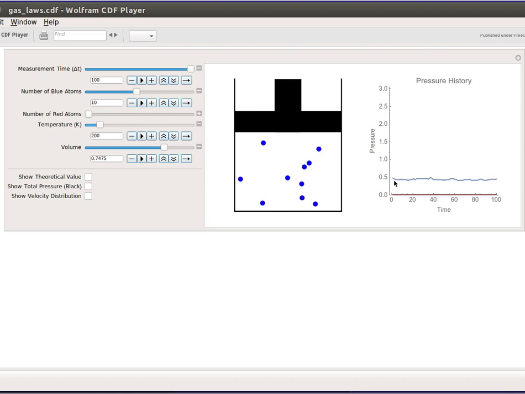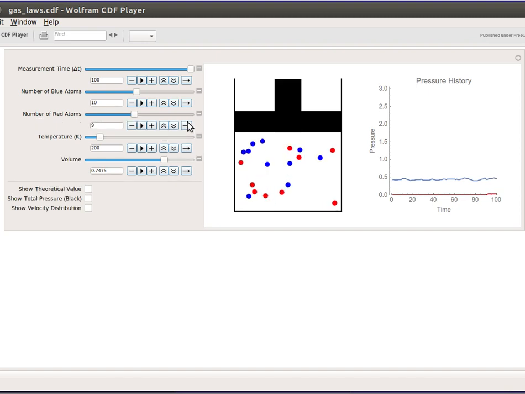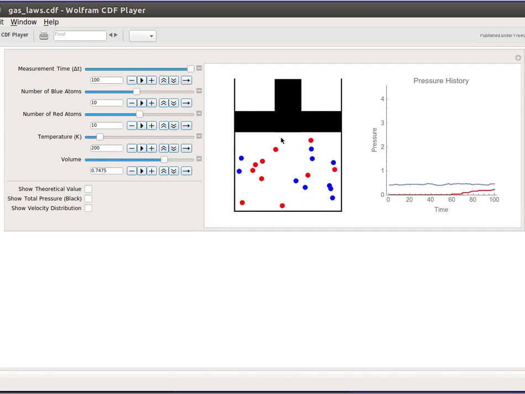So remember, we were at 1 before, right? But we cut it in half. Now we're down there at 0.5. What I'm going to go ahead and do is dump in a full 10. Put 10 little red atoms in there. And notice, as these red atoms start impacting the side of the container, those little blips are showing up in the pressure history.